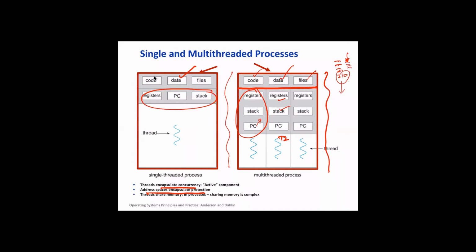For example, who will switch the process out? The process itself will not switch it out, or a thread will not switch itself out. A thread may want to run infinitely, so somebody has to switch it out so that one thread does not hog all the resources. The responsibility is on the OS.